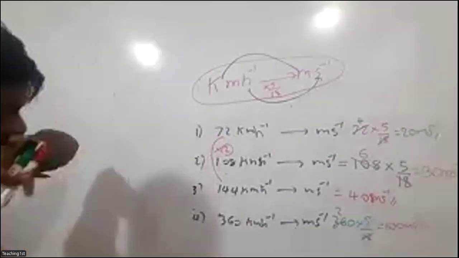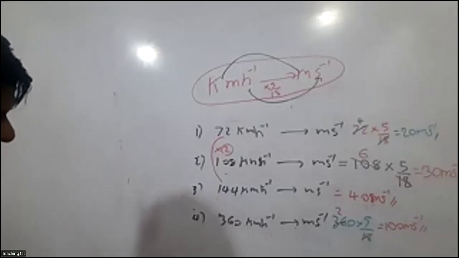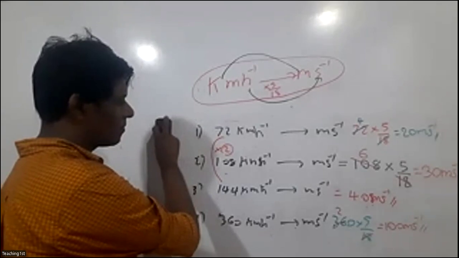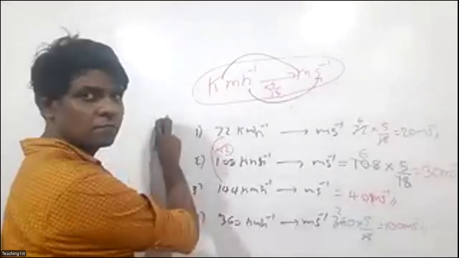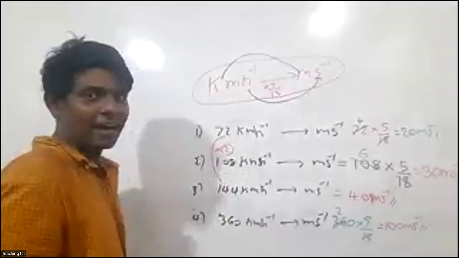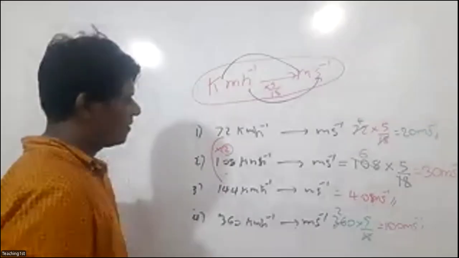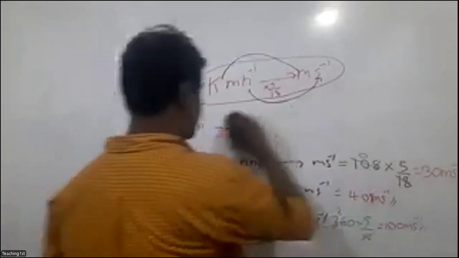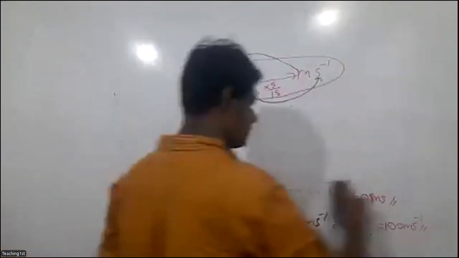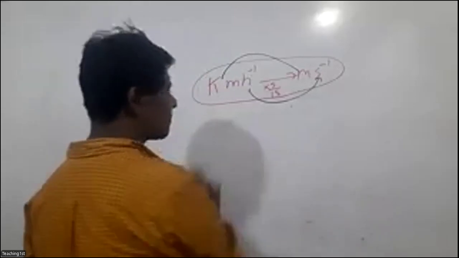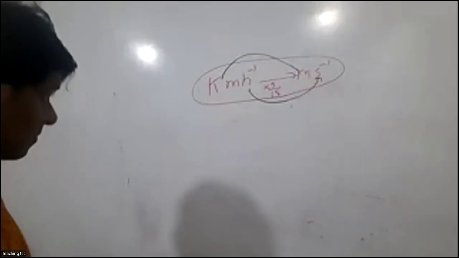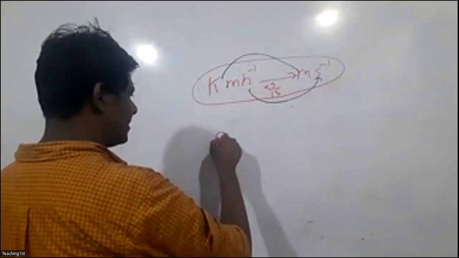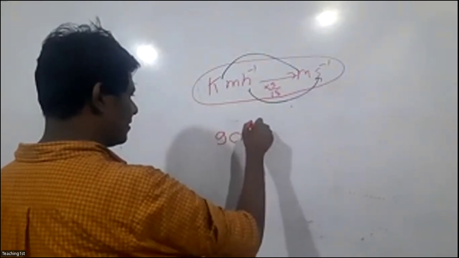I will erase. Have a good look. Now convert this one to g cm^-3, grams per cubic centimeter.